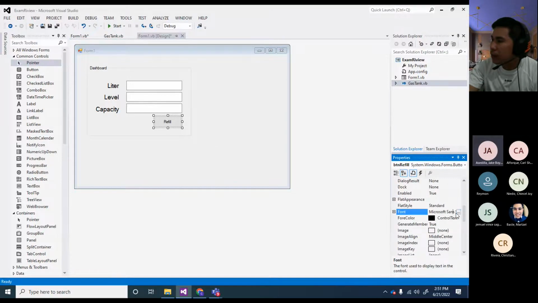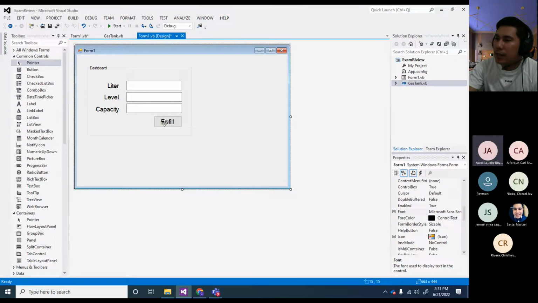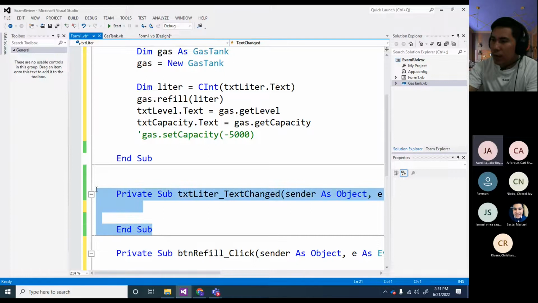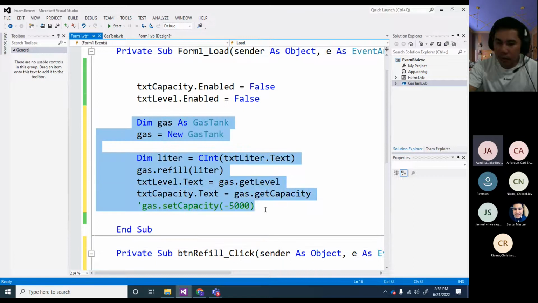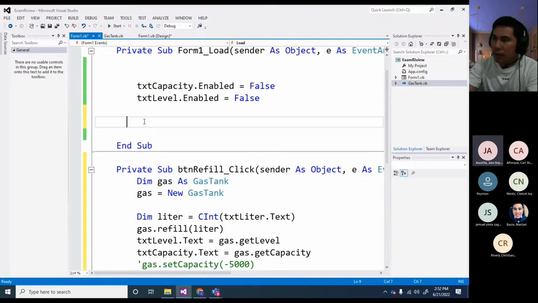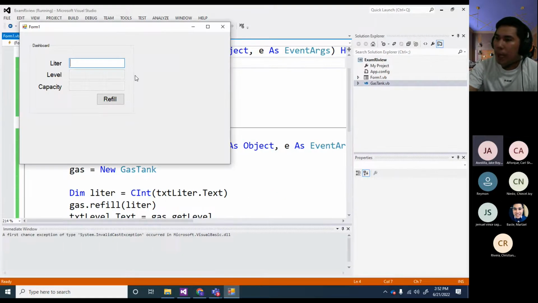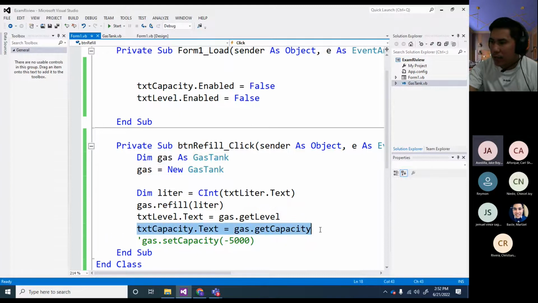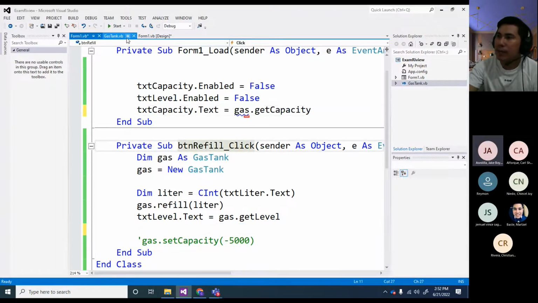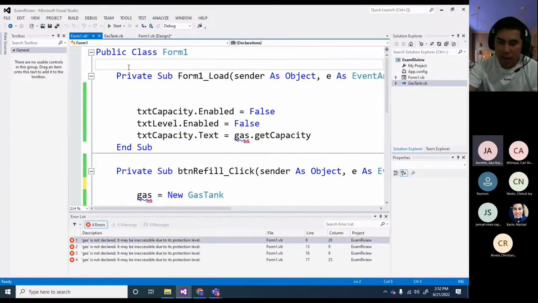Okay, so I guess that's it. Let's go back from here. So let's say we add. The capacity should be automatic, right? We'll declare gas here.